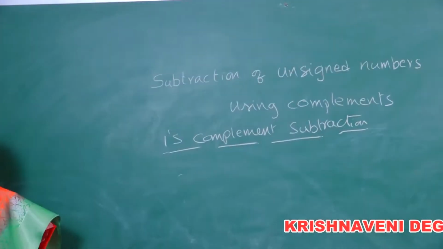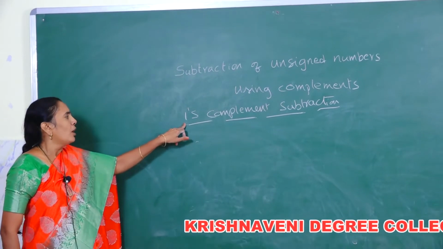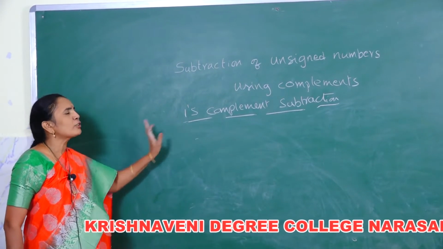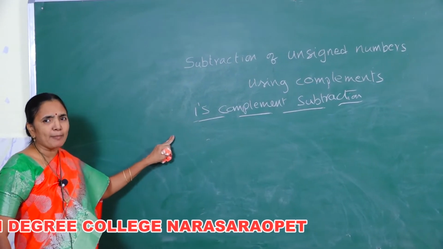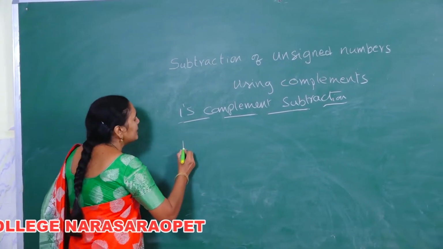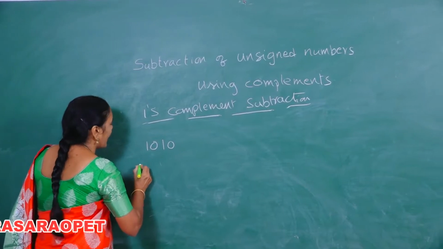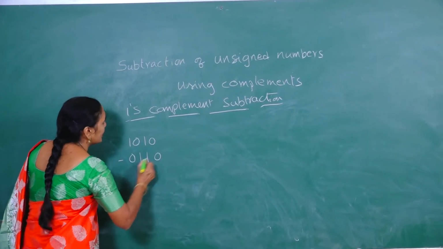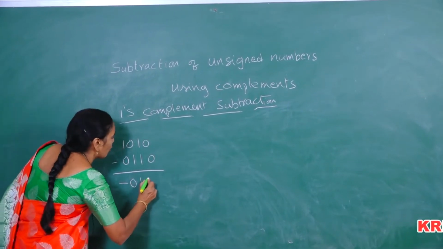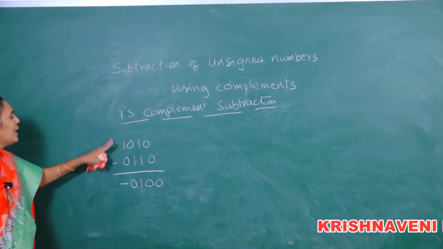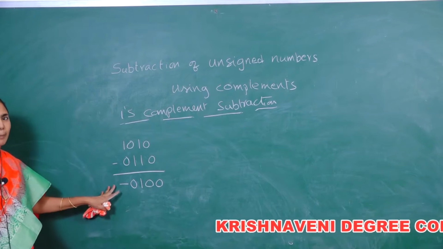So, now let us see how you can perform ones complement subtraction. For simplicity, let us take the same numbers, that is 1010 minus 0110. So, it will be 0100. It is normal binary subtraction.